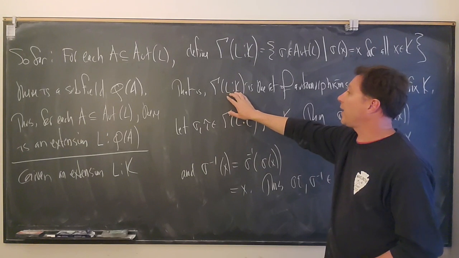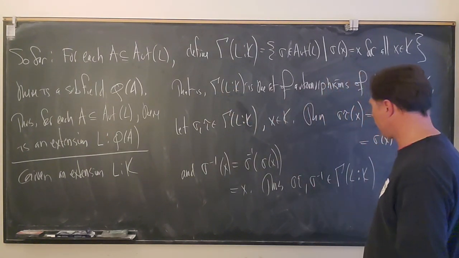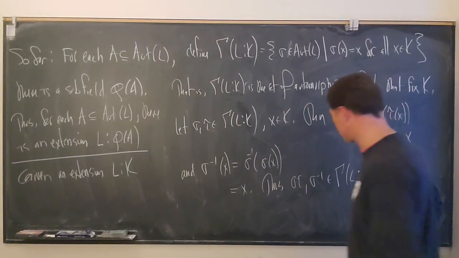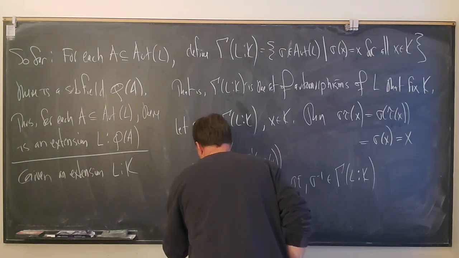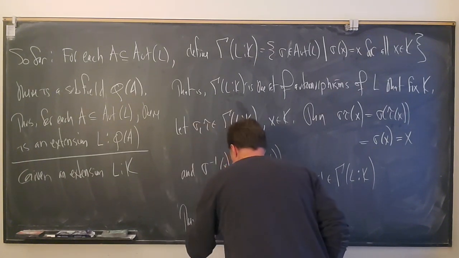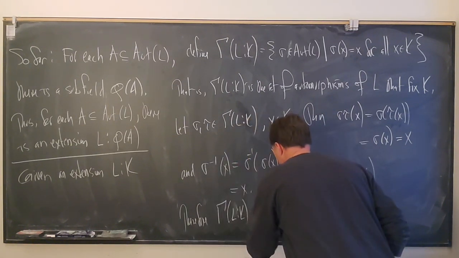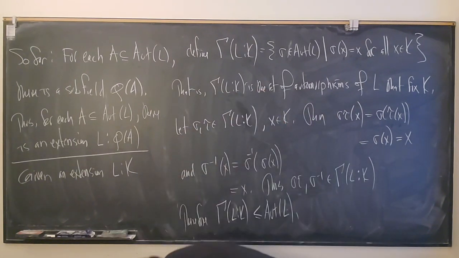So what did we just do there? Gamma of L over K is a subset of Aut L, and we just showed that it's closed under multiplication and inverse. In other words, we just did the subgroup test. So we can say, therefore, gamma of L over K is a subgroup of Aut L. In particular, the important part here, it's a group.